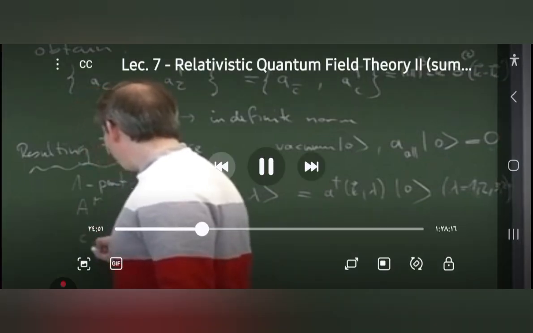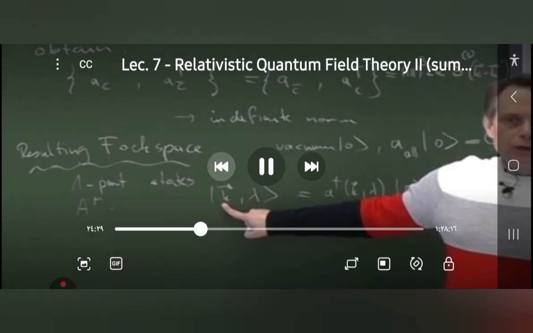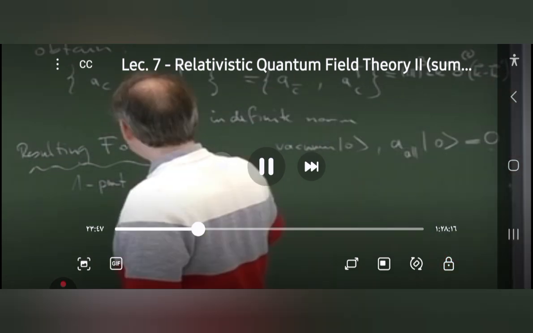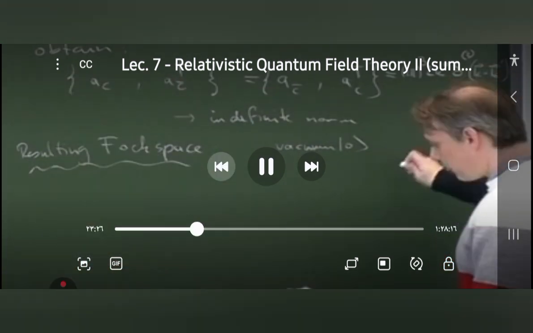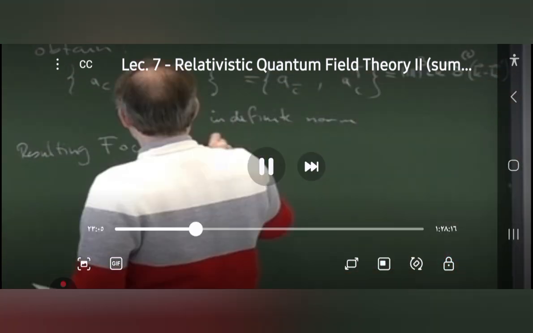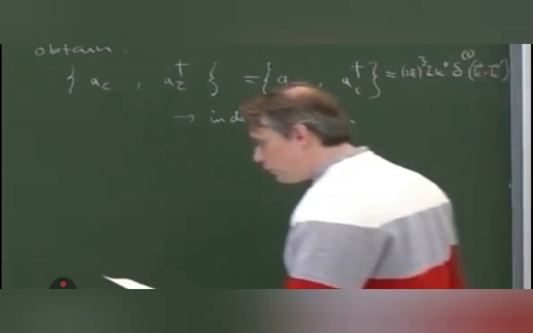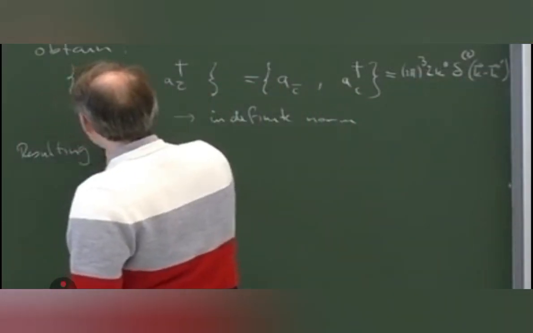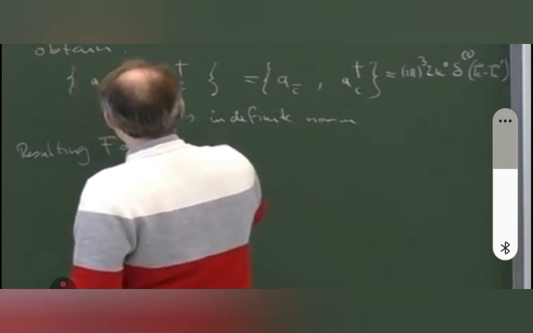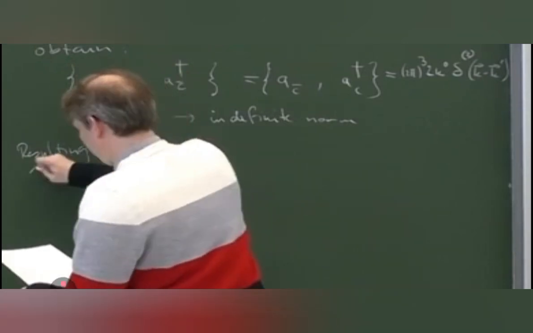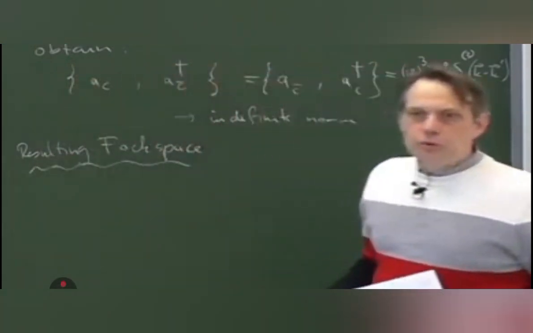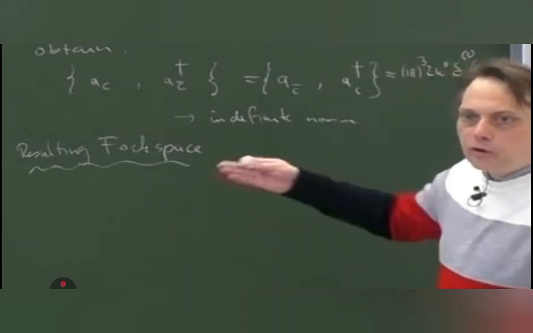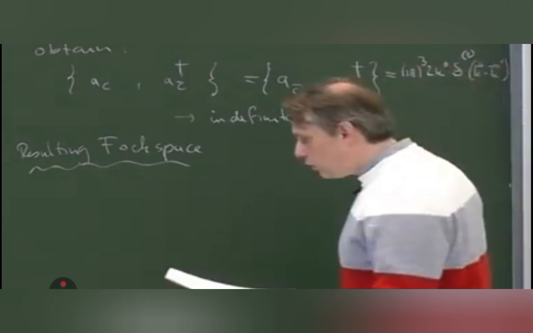For quantization of this free theory, and we can sketch the resulting Fock space just by writing down the one particle states at first, and the multi-particle states are obvious by combining one particle states in the usual way.